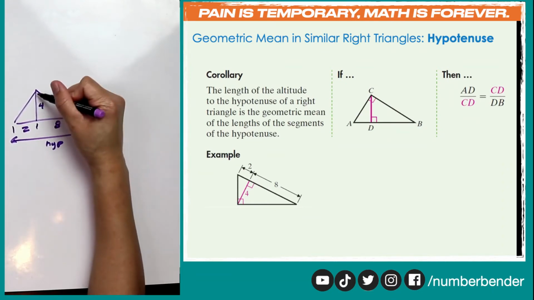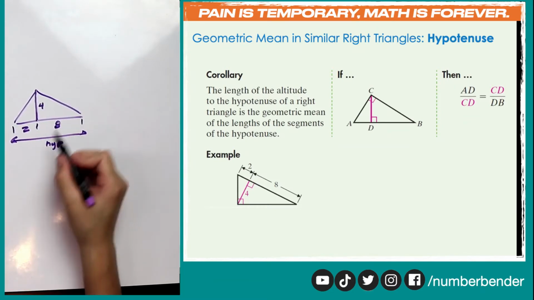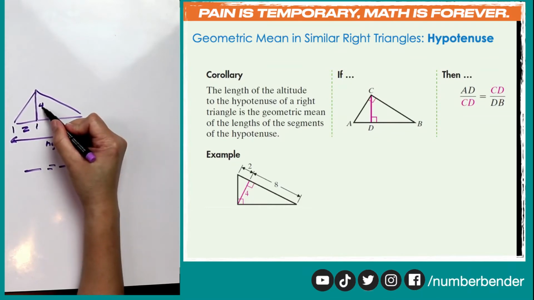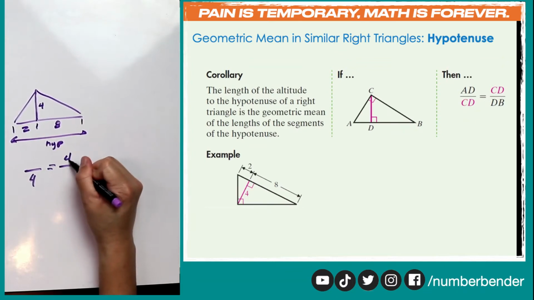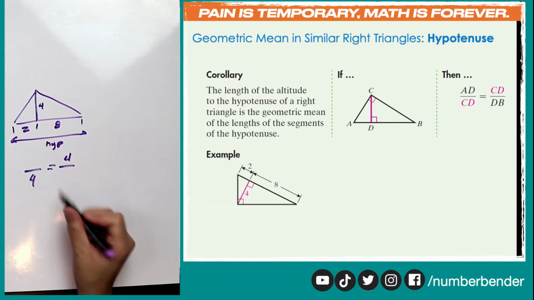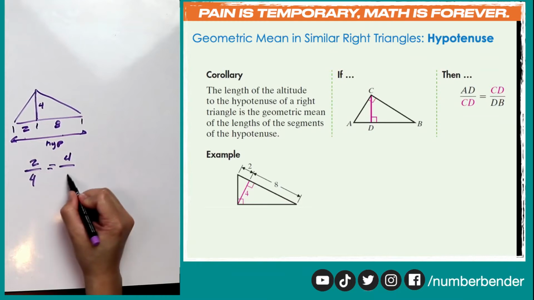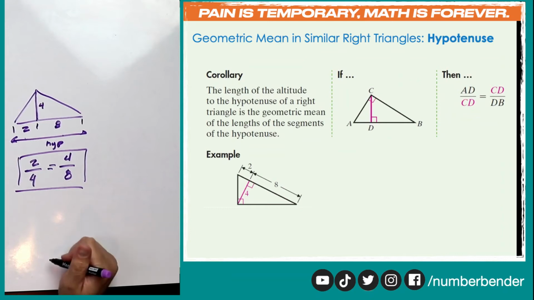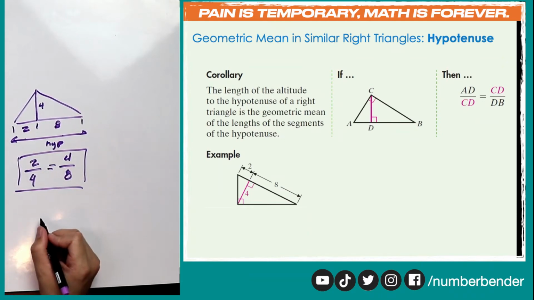When the altitude is given, we can use this particular formula wherein 4, the geometric mean, is given, and the extremes will be our hypotenuse segments, which in this case are 2 and 8. And this is how we formulate our proportion based on this given right triangle that satisfies corollary number 1.